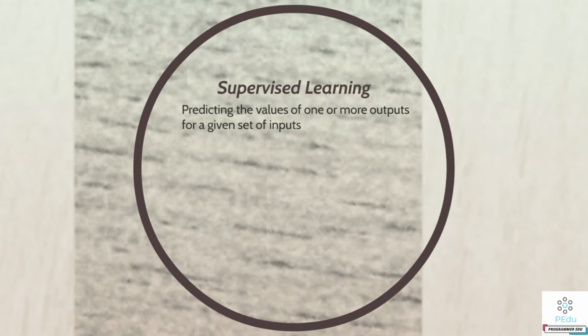So what is unsupervised learning? To understand that, we need to compare and contrast it to supervised learning, which we explored in the previous videos. Supervised learning was concerned with predicting the values of one or more outputs or response variables for a given set of input or predictor variables.